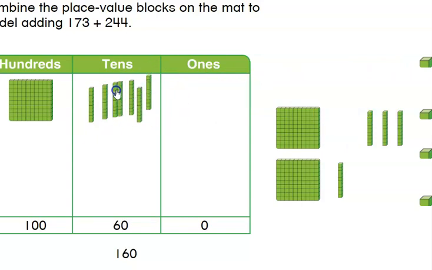Okay, so now you can see I've added 100, 7 tens makes 70, and then 3 ones, and that would make 173. Then we would add our next number underneath. We would do 2 hundreds, 4 tens for 40, and 4 ones. Okay?